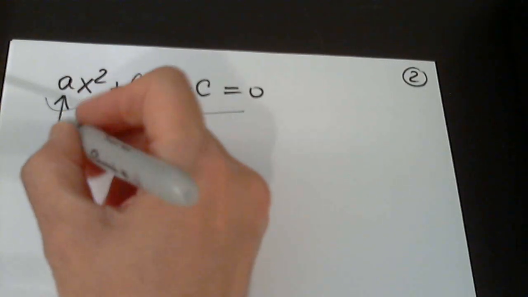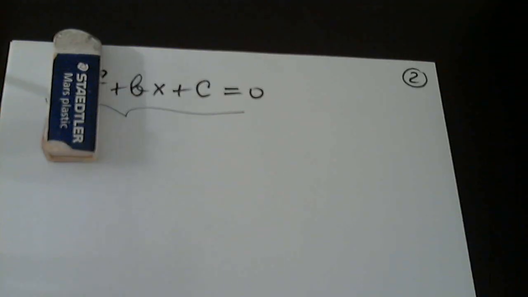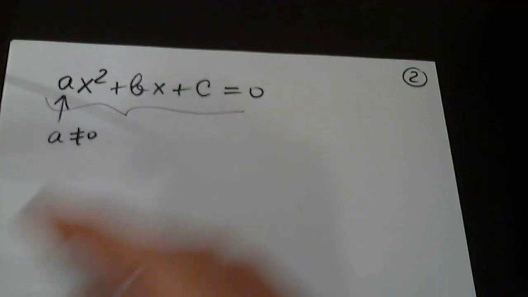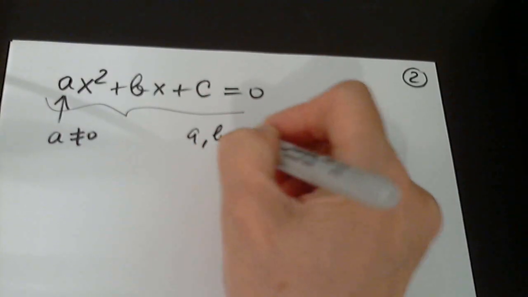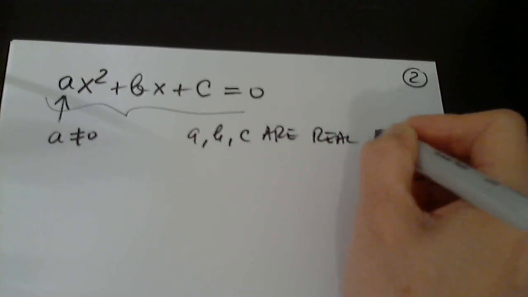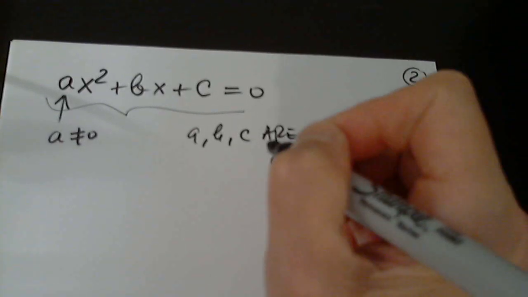This, a, cannot be 0, because if this is 0, then the equation is no longer quadratic. However, b and c can be 0. So we say a and b and c are real numbers with a condition that a cannot equal 0.